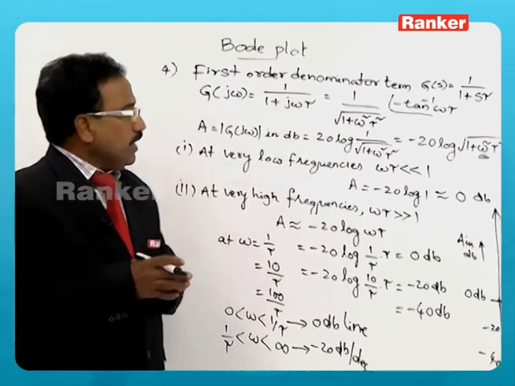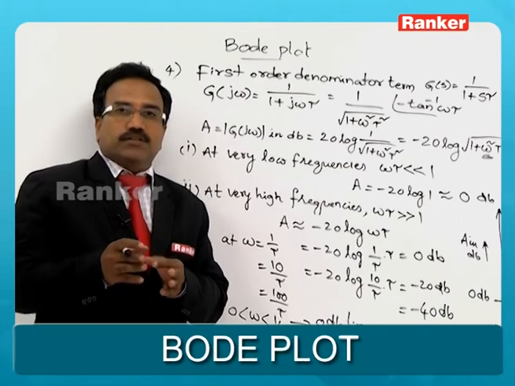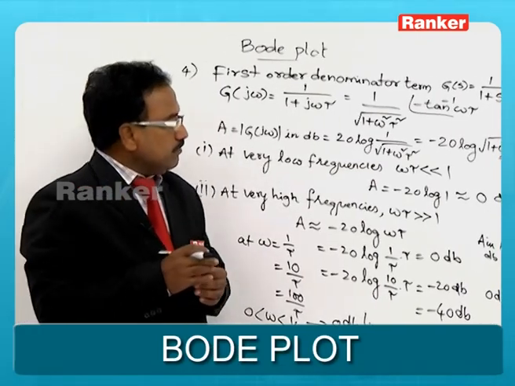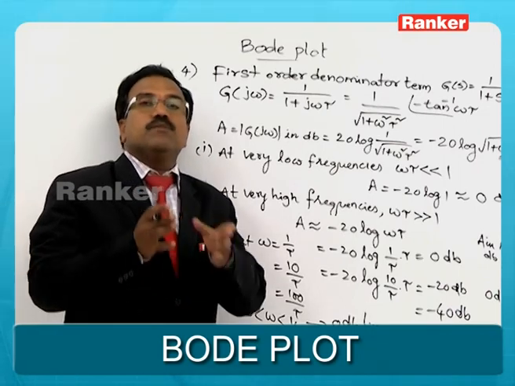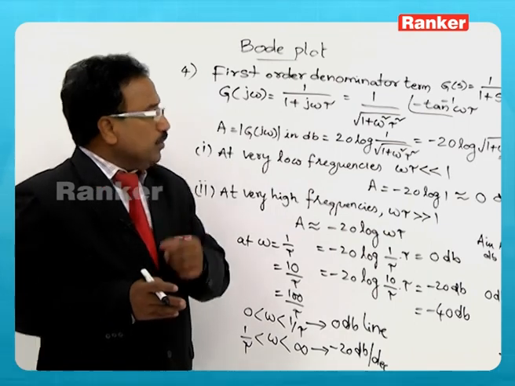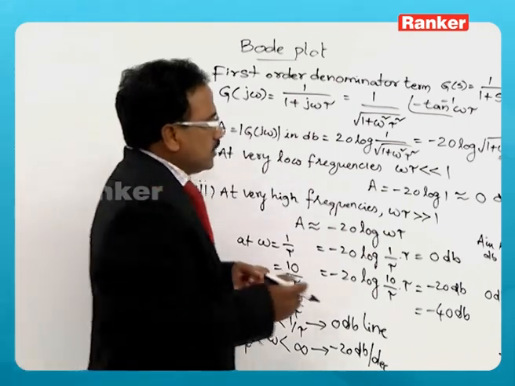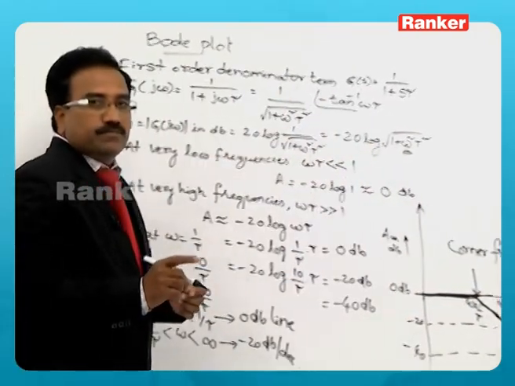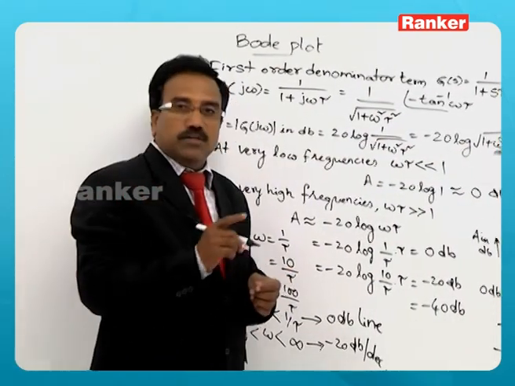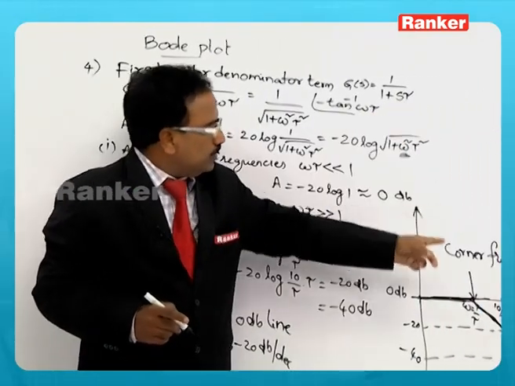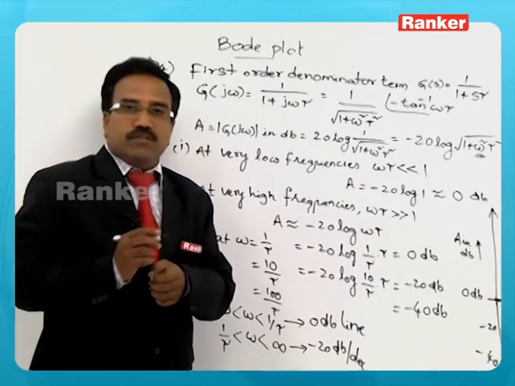So, the actual Bode plot is something different, but we can assume that these low frequency and high frequency lines are asymptotes to the actual Bode plot, and I want to know where these two lines will meet. They meet at omega equal to 1 by tau, that is given from the function itself. So that point is known as the corner frequency.